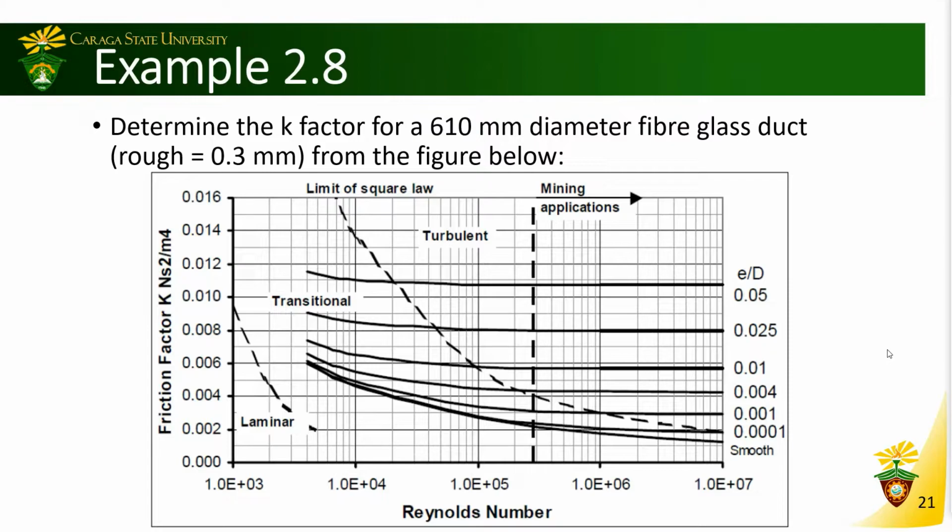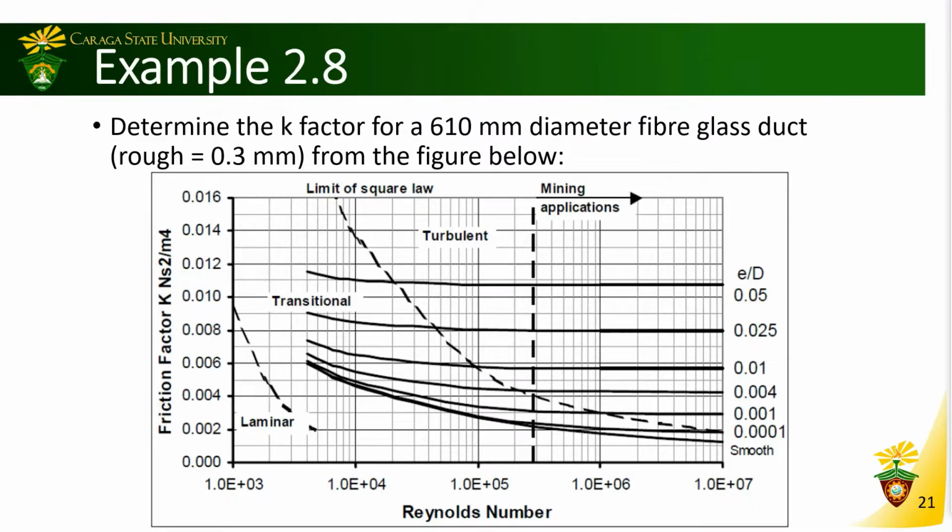In this figure, determine the K factor for a 610 millimeter diameter fiberglass duct with e, or roughness, equal to 0.3 millimeters from the figure below.